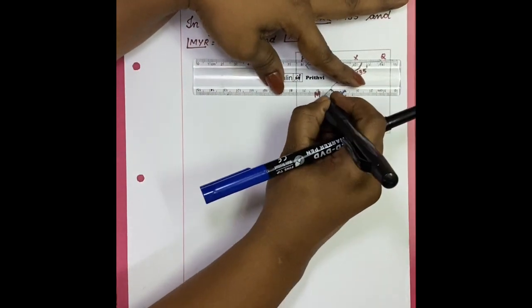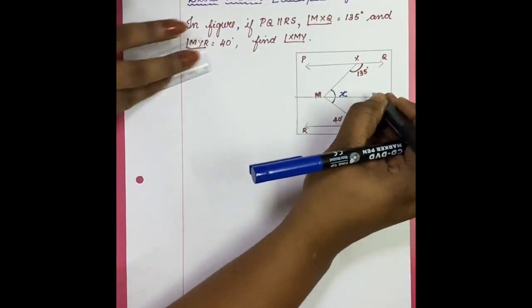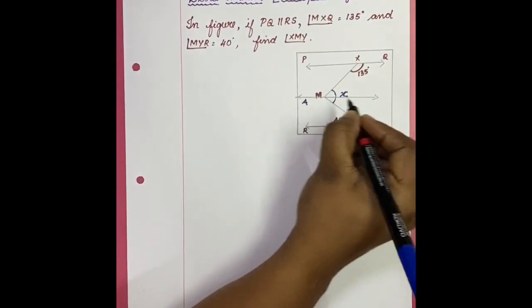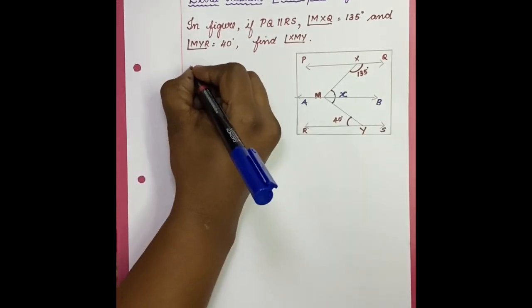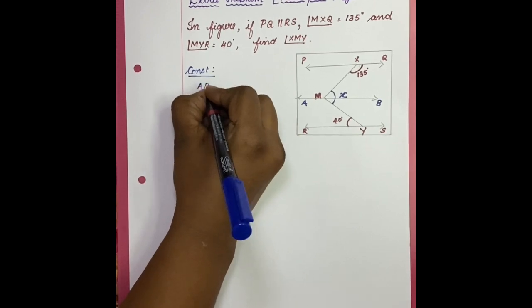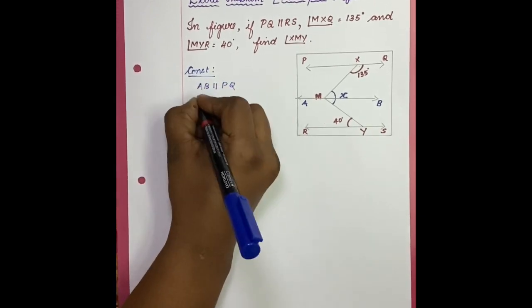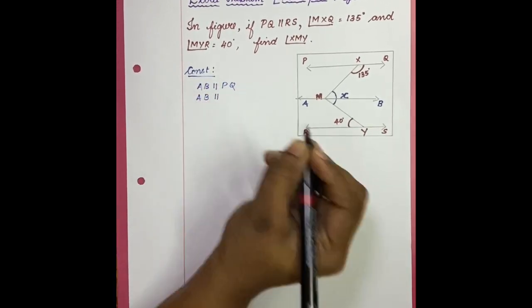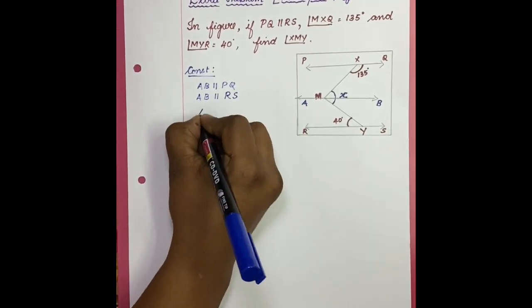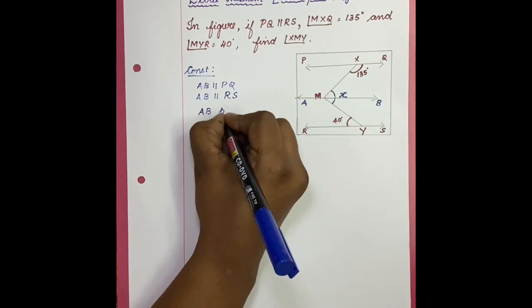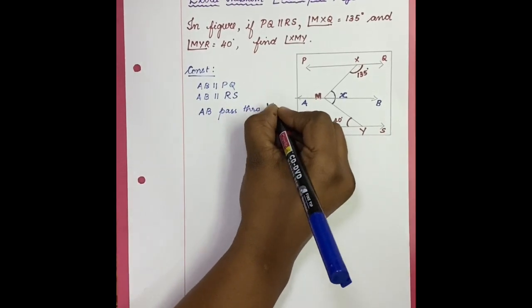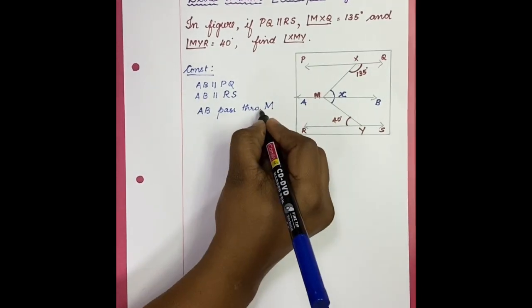So I am going to draw a line like this. Call this AB. Construction: AB parallel to PQ, AB parallel to RS, and AB passes through M. This is the main thing.